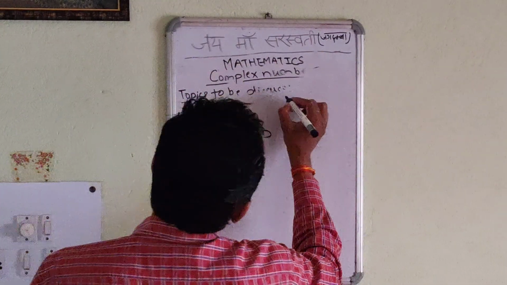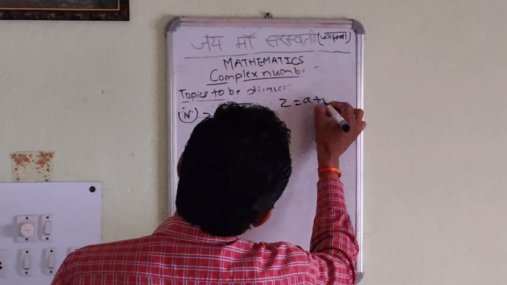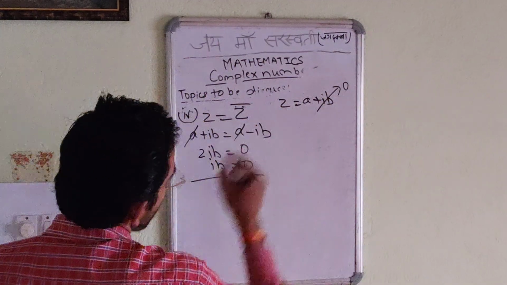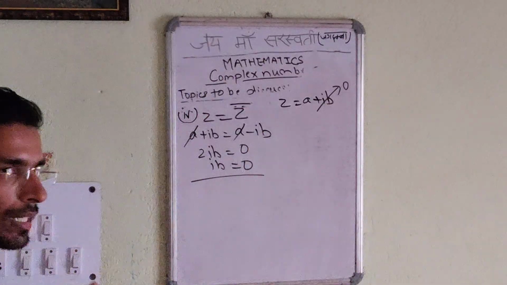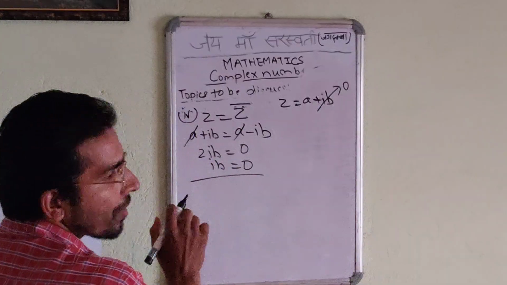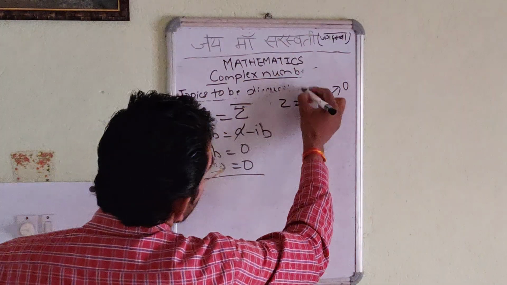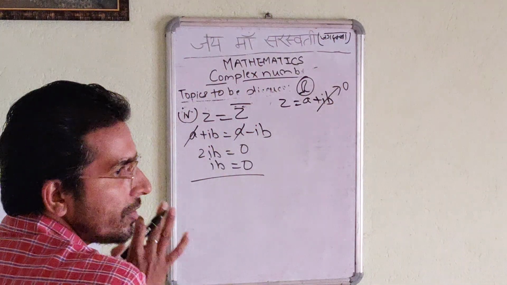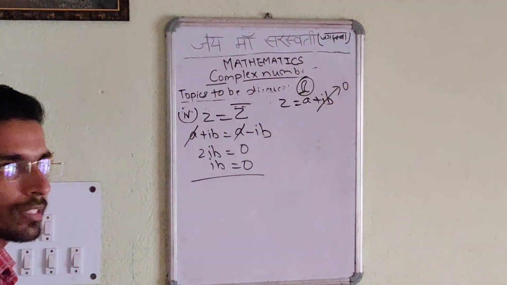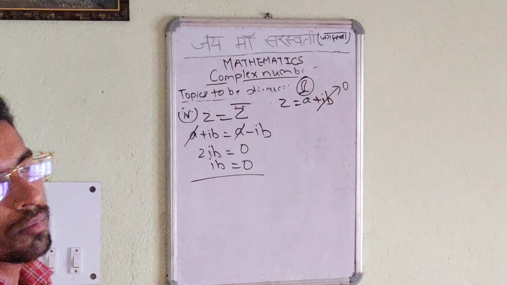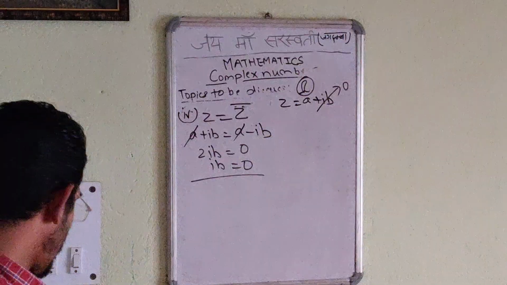If the imaginary section ib is equal to 0, then we can state clearly that the complex number has been transformed into a real number, that is, only the real part is existing.